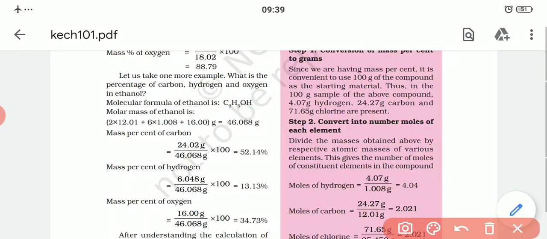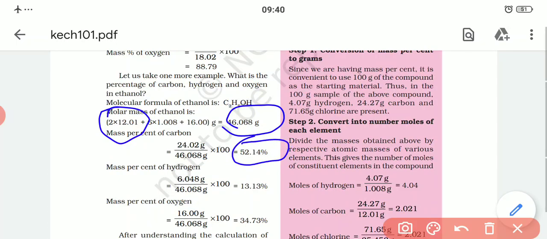So how do we calculate mass percentage of carbon? Mass percentage of carbon is equal to weight of carbon in that molecule. Weight of carbon is 2 into 12, 2 carbons are there, so 24.02, divided by total weight 46.068, into 100, I get 52.14.